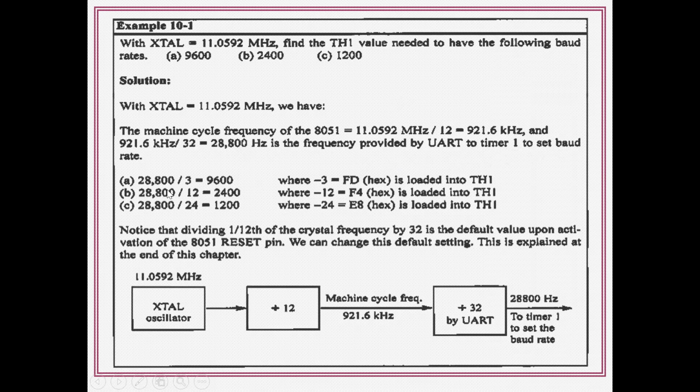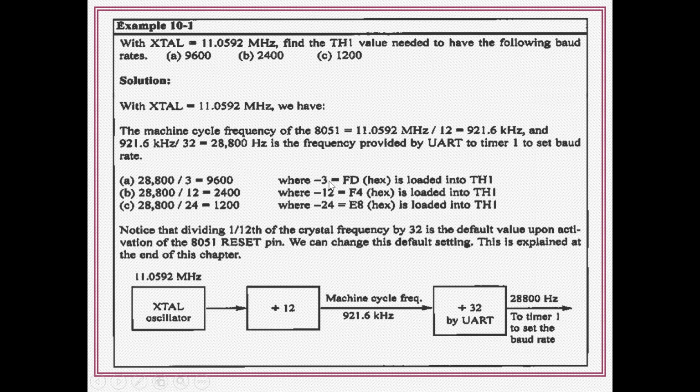If 28,800 is divided by 3, then automatically we get a 9600 baud rate. Divided by 12 we get 2400, and divided by 24, 1200. So to generate 9600 we require a division by 3, which means minus 3, as a 2's complement value.